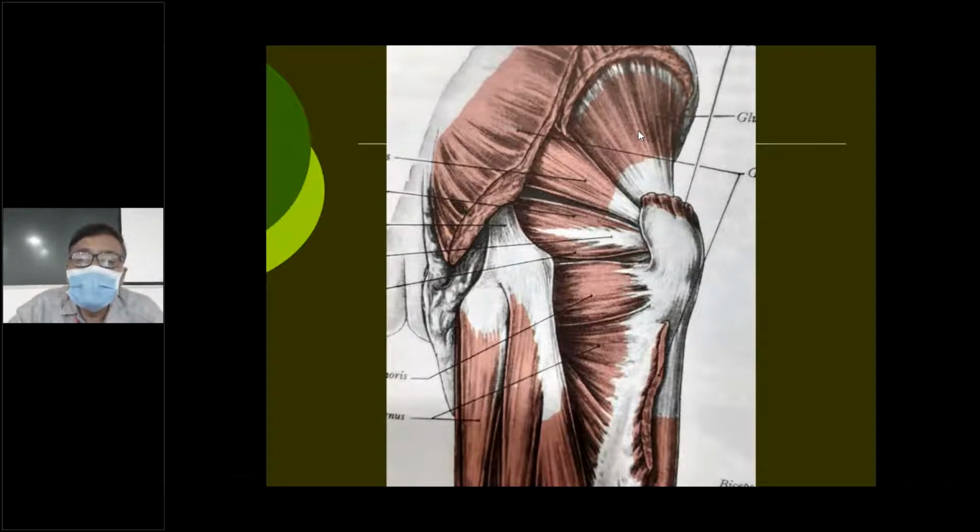They include this one, called piriformis. It is right in the center of the gluteal region. It is referred to as the key muscle of the gluteal region.